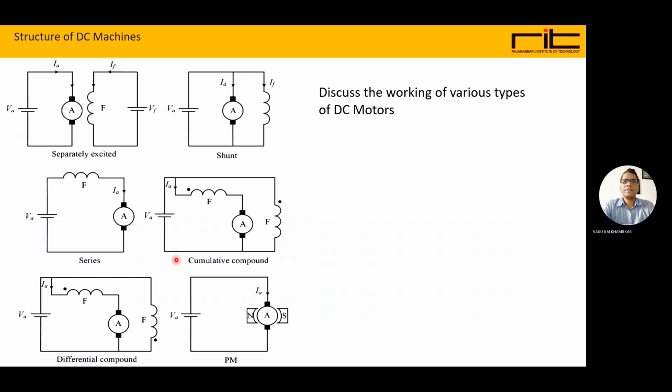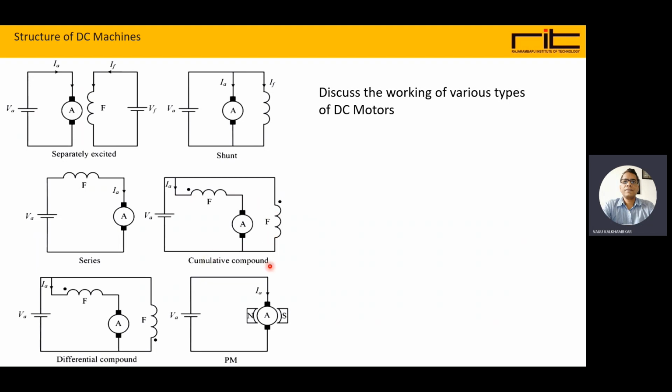Next one is the compound. Here it is the combination of series as well as shunt. So you can see here the field is in series with the armature, and the whole series field and armature is again shunted by a field winding. So there is a series field as well as a parallel field.